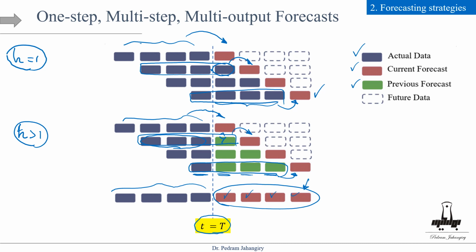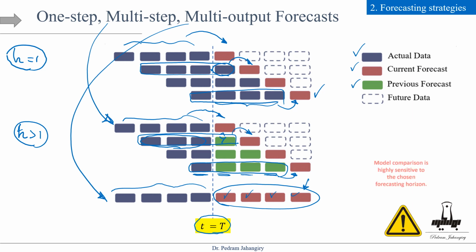So this is our multi-step, and this one is our multi-output. The difference between the two is that multi-step creates your forecast into the future iteratively, using one step at a time. Multi-output creates all those forecasts at once. That's the big difference.